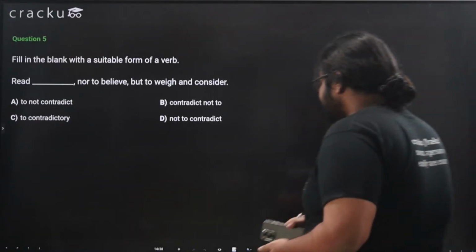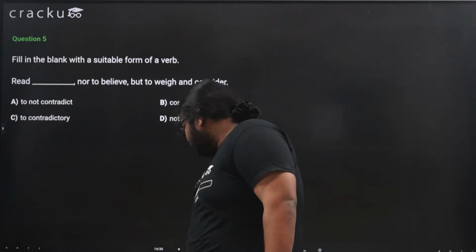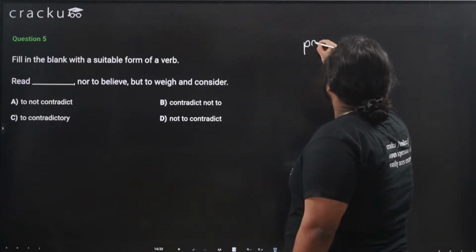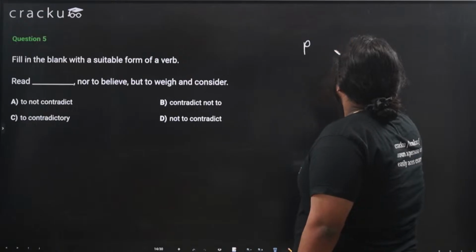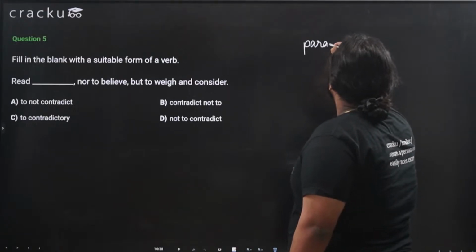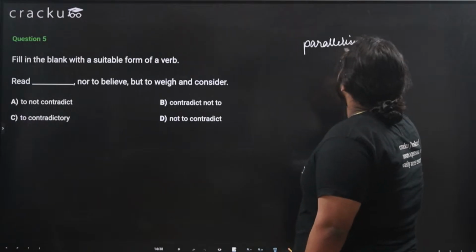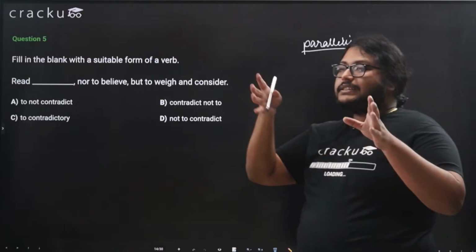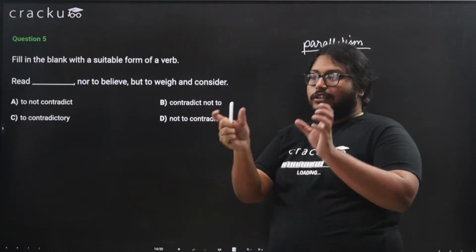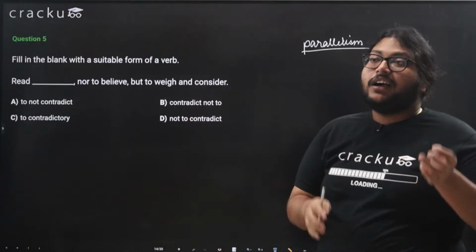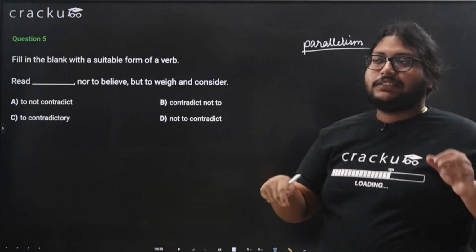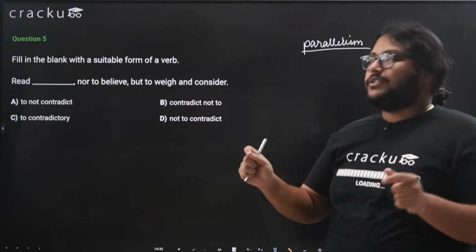Okay, so in this question, we have to consider something called parallelism, or parallel structure. What it means is, if there's a list of things, like this or this or this, all of them should have the same structure.